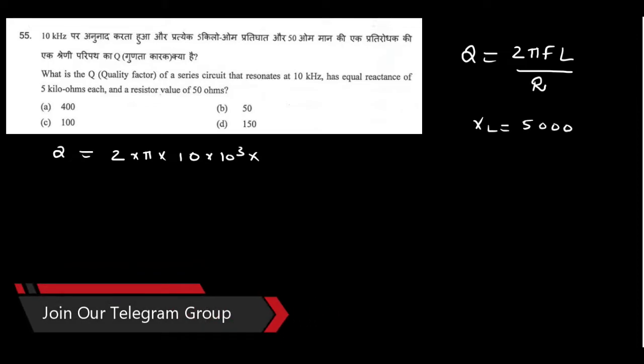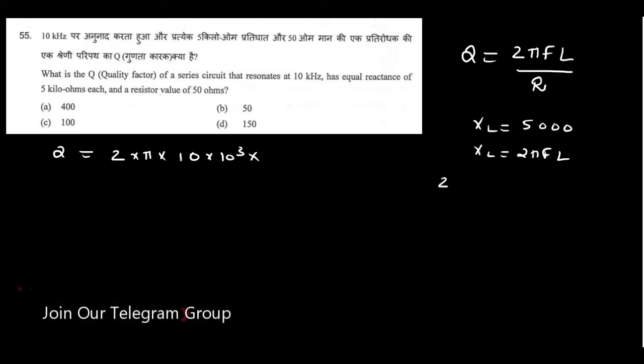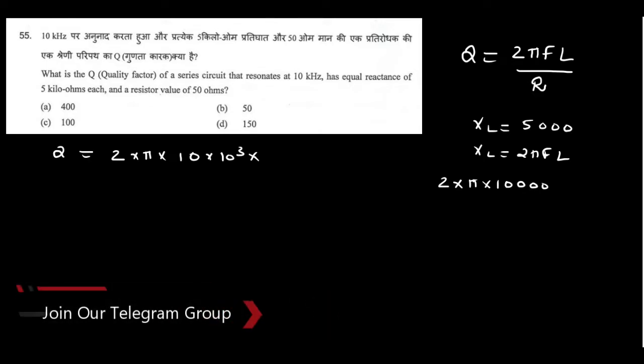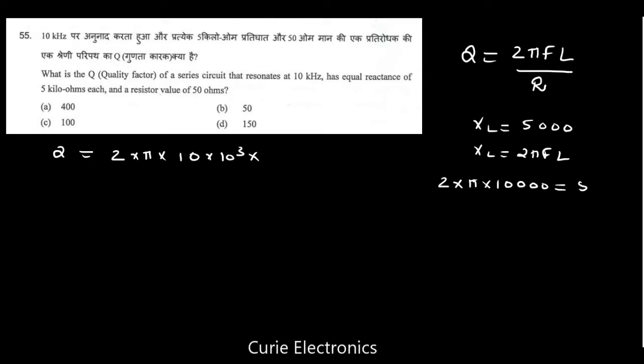Now, XL is equal to 2 pi FL, the inductive reactance. So 2 multiplied by pi multiplied by F, which is 10 kilohertz, 10,000 hertz, equal to what? 5000 is there, right? So we can divide both sides by 5000.